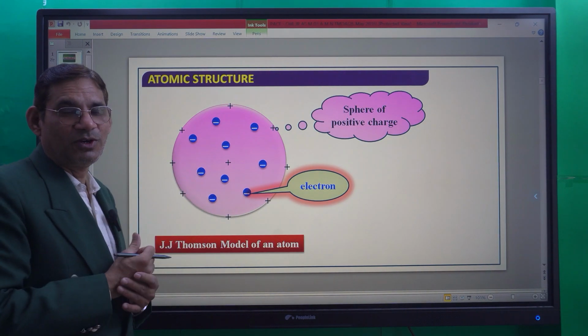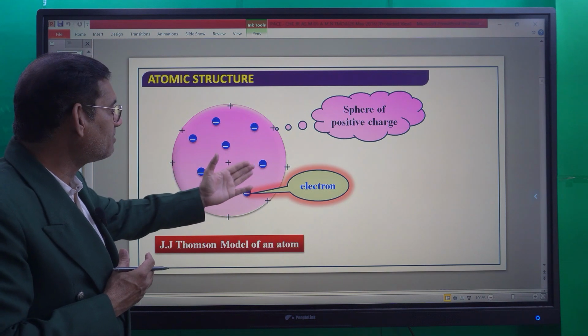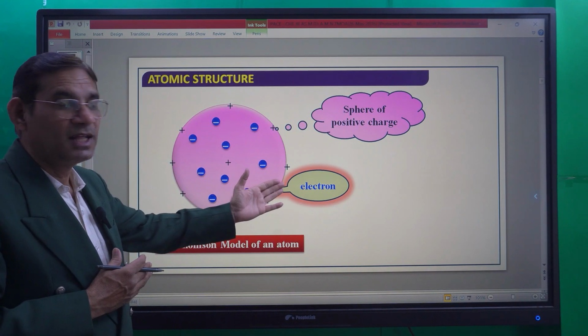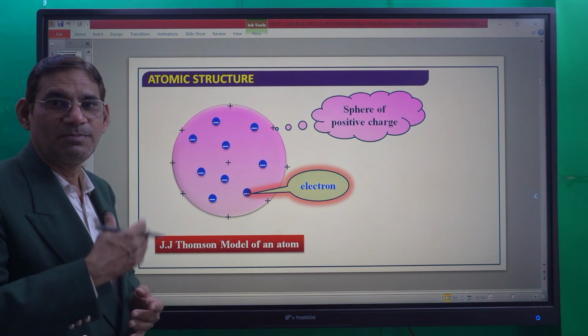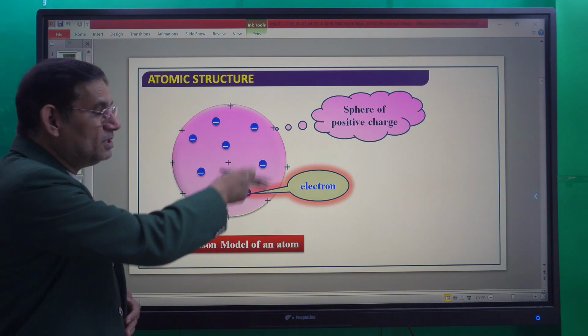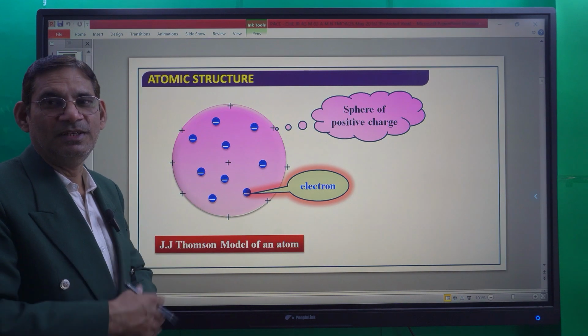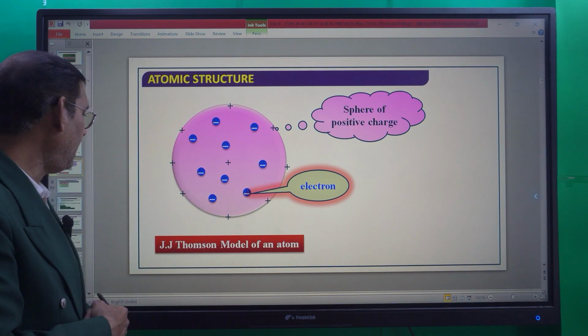So electrons and protons, that is positive charge and negative charge, both are uniformly distributed in this spherical, ball-shaped atom.